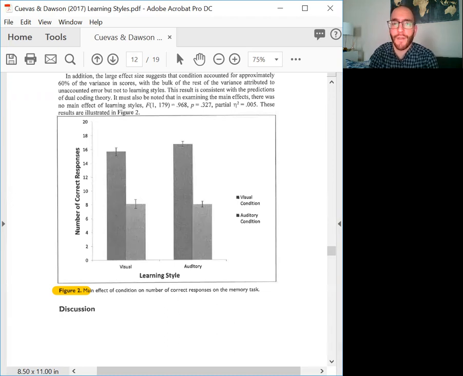Instruction was delivered either in visual means or in auditory means. These bars here represent students who identified themselves through this questionnaire as visual learners. And these bars here represent the number of correct responses on this assessment for students who identified themselves as auditory learners.